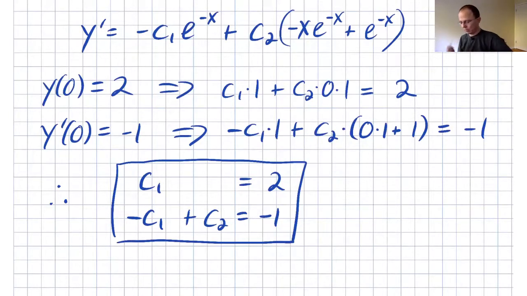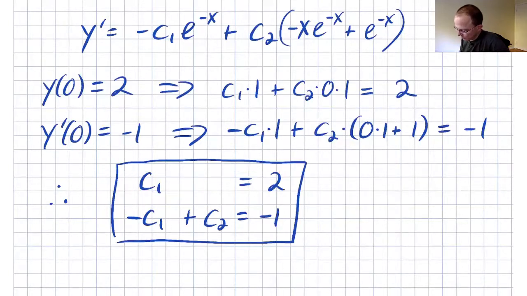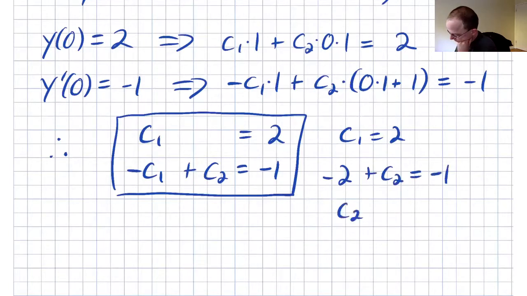And that's how you can get the values for both variables. This one is especially easy because we already know that C1 is 2. So we're just going to substitute 2 into here. And what do we get? So C1 is 2, and we have negative 2 plus C2 is negative 1. So that tells us that C2 is going to be 1.